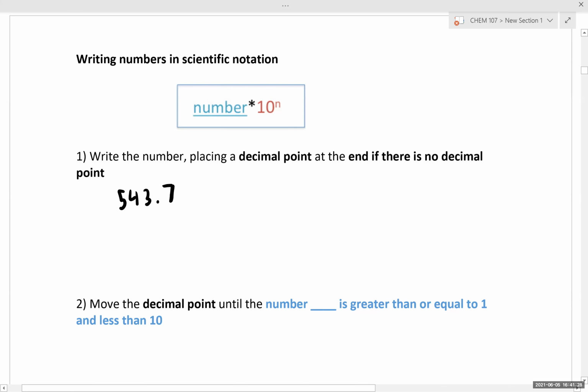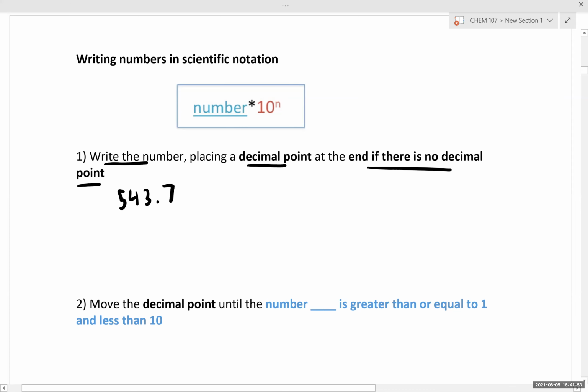A generic common number that you may measure if you're measuring the volume of an object, for example. So we've written out our number, and let's go through a step-by-step guide to write this number in scientific notation. First, we write the number, and we place a decimal point at the end if there is no decimal point.